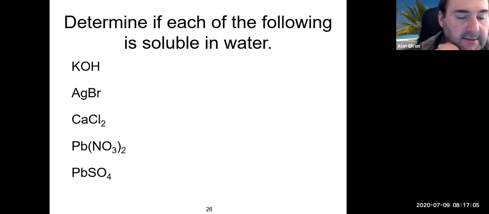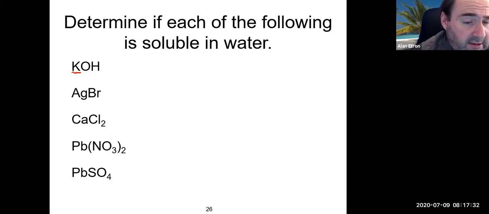Okay, so let's take a look and see. So starting with the first one, we have potassium hydroxide. Again, remember, you may be able to find both things on the solubility chart, or maybe just one thing. But really the key here is we do see potassium, and potassium is group 1, and they are pretty much soluble in everything, which means that's almost as far as you need to go.